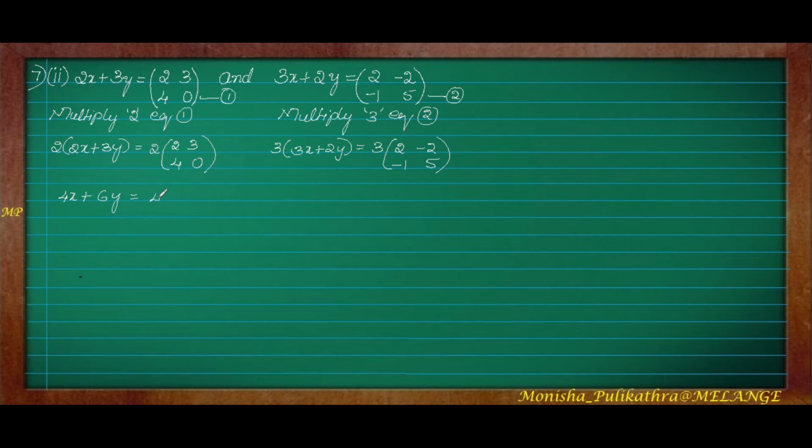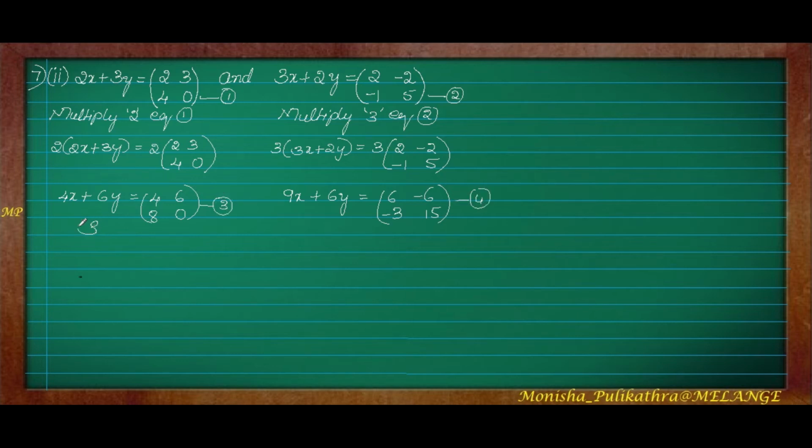So 2 2s are 4, 2 3s are 6, 2 4s are 8 and 2 into 0, 0. Here 3 3s are 9, 3 2s are 6y is equal to 3 2s are 6, 3 times minus 2 is minus 6, 3 times minus 1 is minus 3 and 3 5s are 15. So now let this be equation 3 and equation 4.